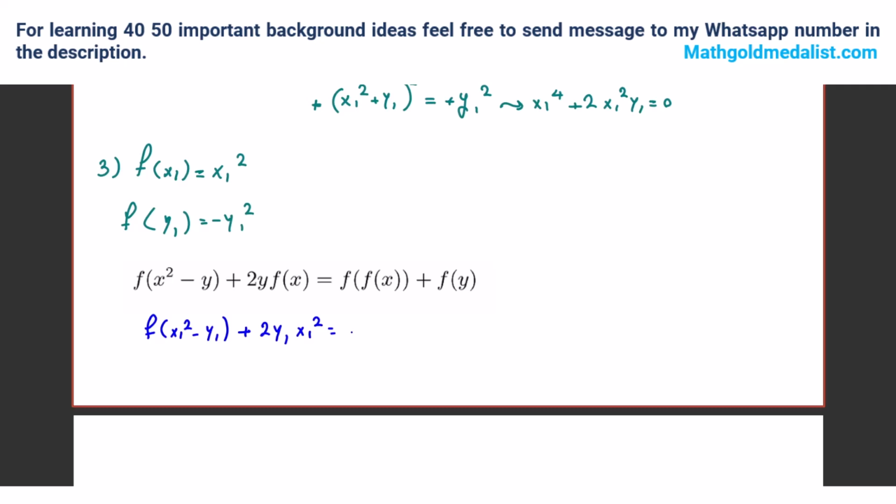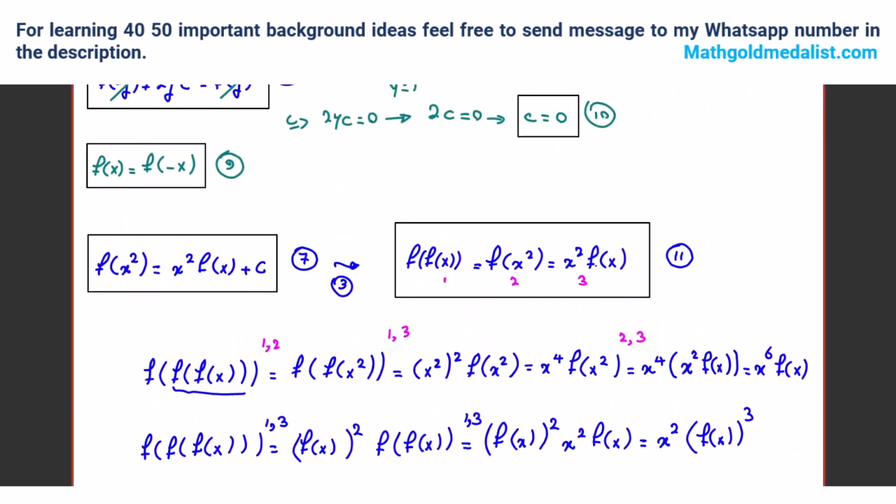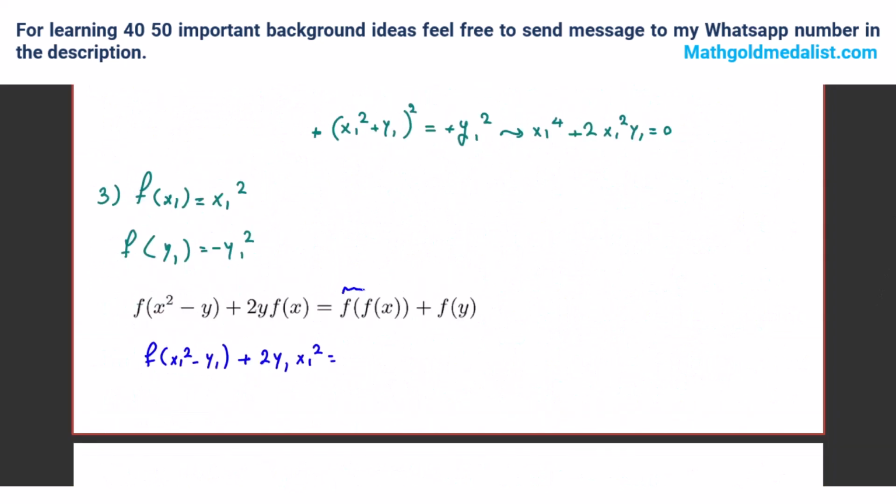We should consider that we proved f of x is x squared f of x. Because this one is x squared f of x, and we know f of x1 is x1 squared, so x1 to the 4 minus y1 squared.